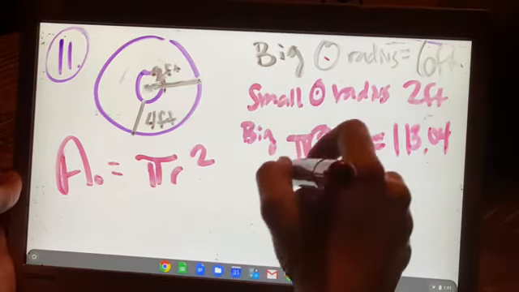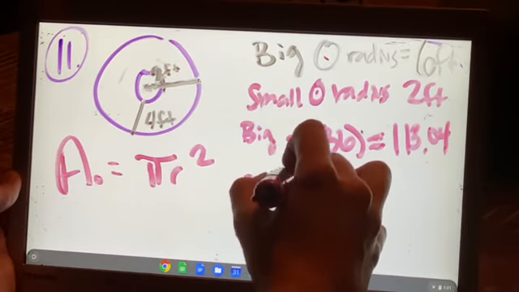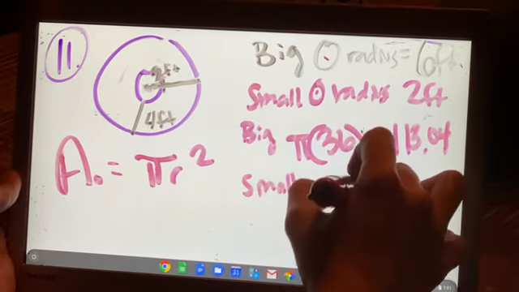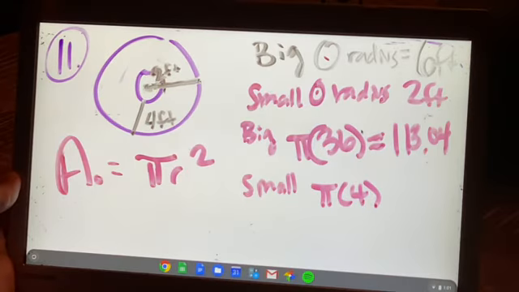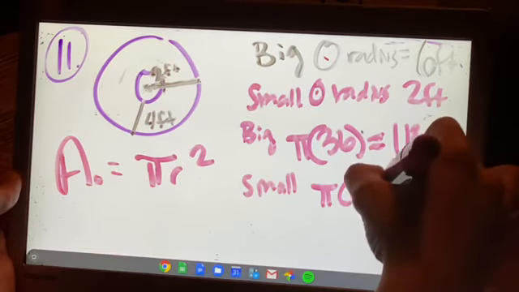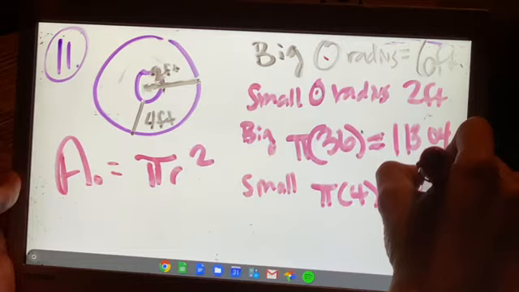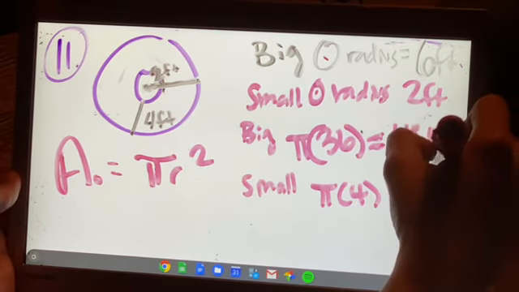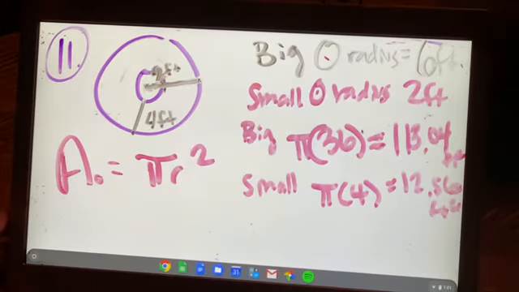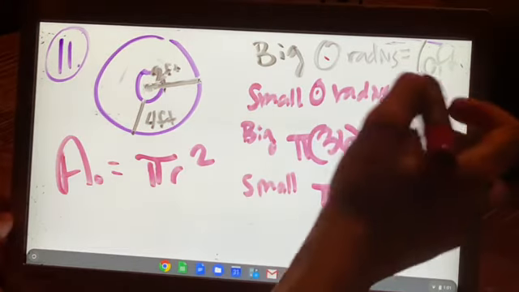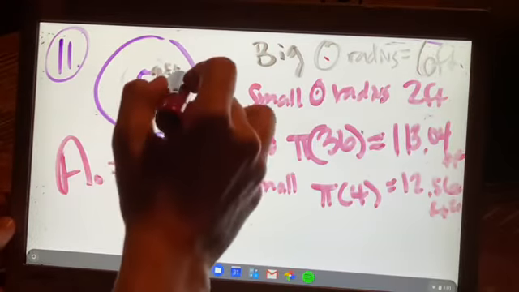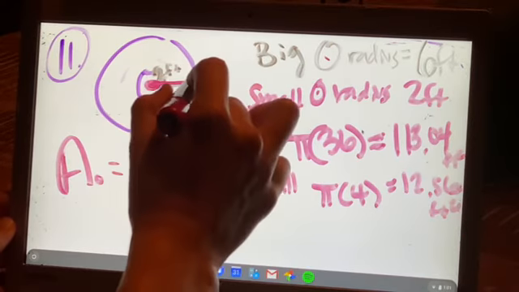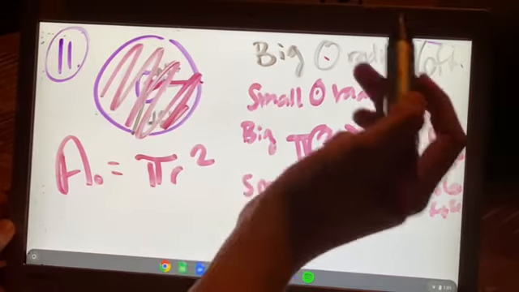113.04. And then the small one is going to be pi times 4, because 2 times 2, 2 squared. That's going to be 12.56 feet squared. This one is also feet squared. All right, so we're going to take 113.04, which would be this whole circle, if you had this whole circle, right?